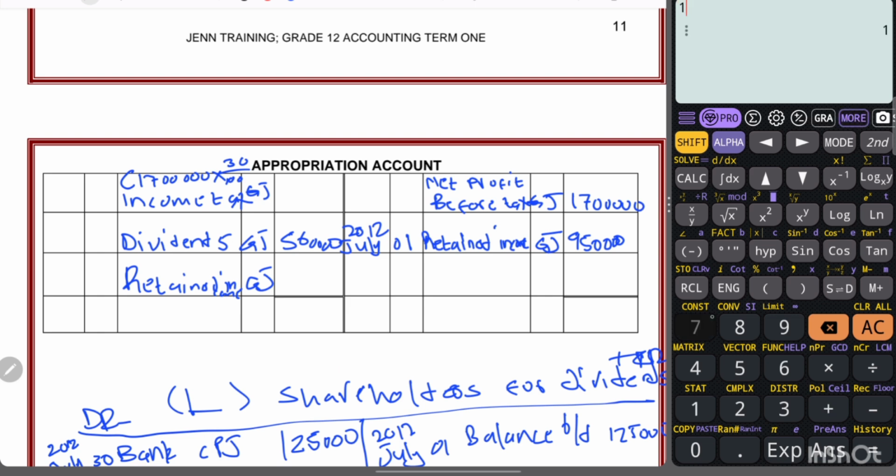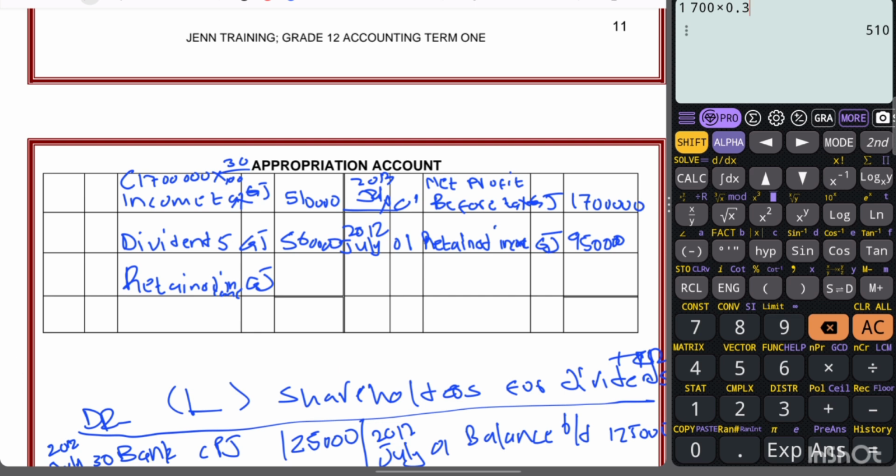It's going to be 1,700,000 multiplied by 0.30. It's going to be 510,000. You can just write your date here. I think it's 2013 July 01. You just write the date there.